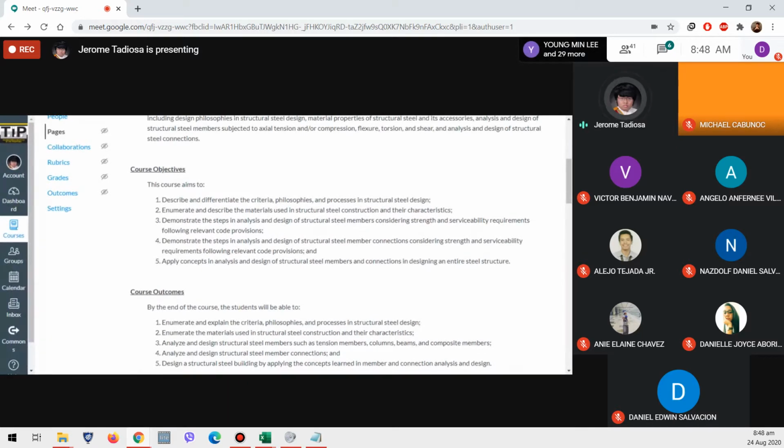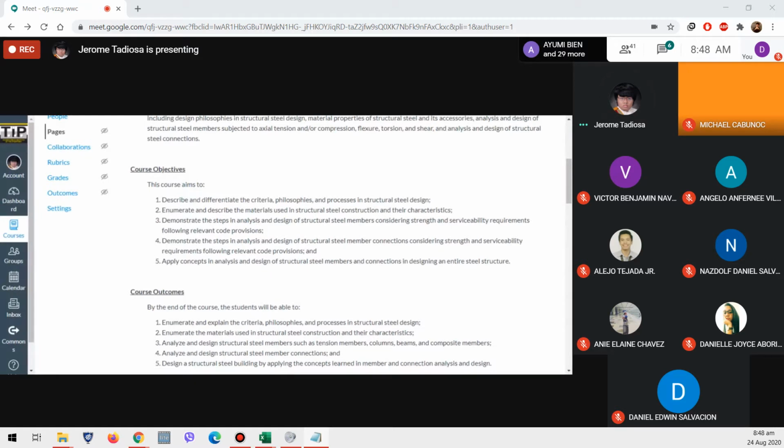In analysis and design, we consider both strength, in terms of forces or stresses, and serviceability, in terms of deflections, vibrations or drifts.